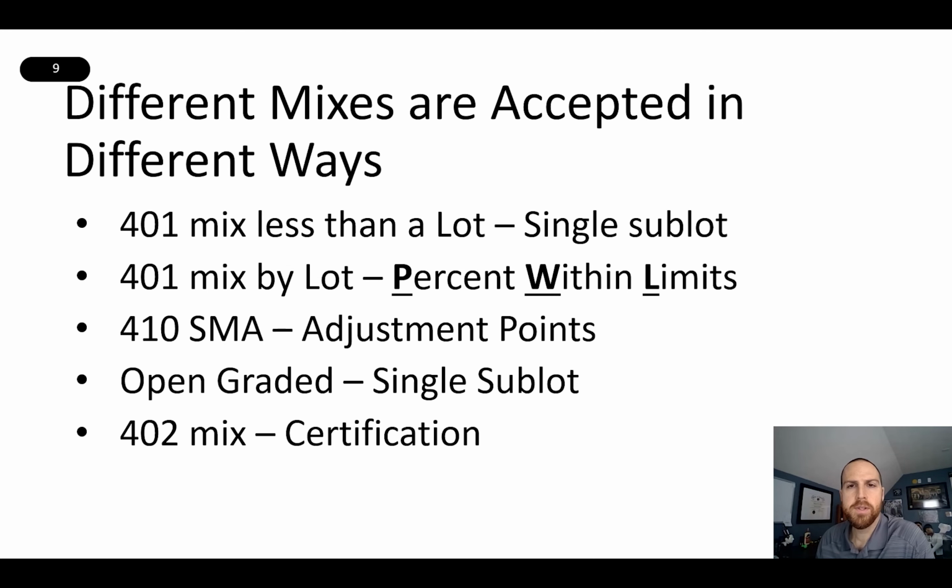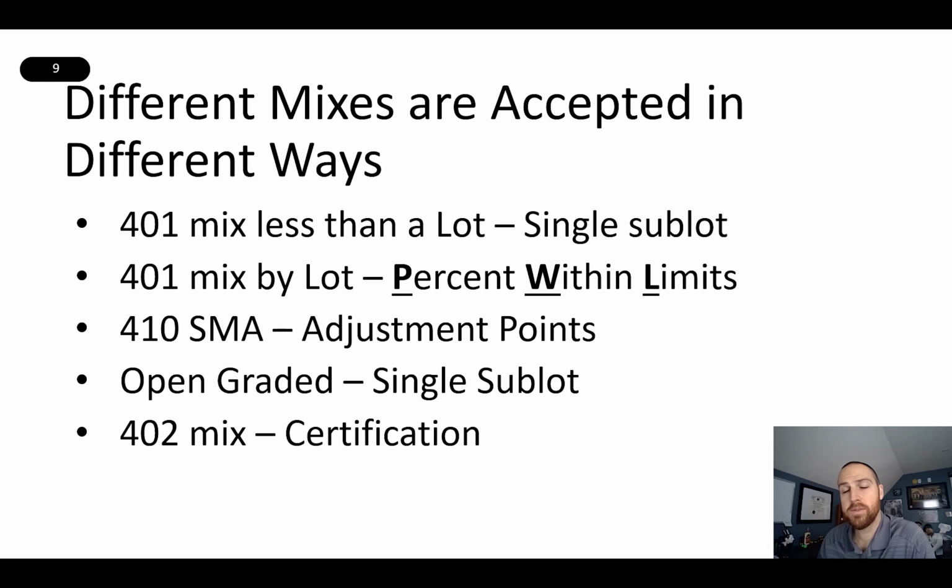For the rest of this presentation, we are going to look at how different mixes are accepted in different ways. 401 mix that is less than a lot is accepted by single sublot, just test results in that sublot. 401 mix is also accepted by lot. So if there is a lot of material, we accept it by PWL, percent within limits.